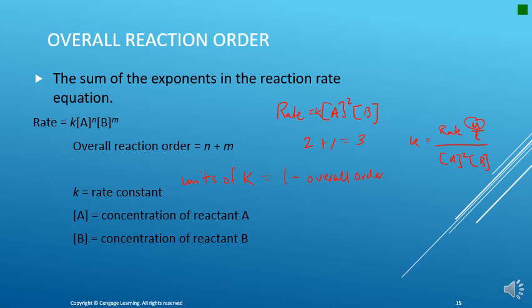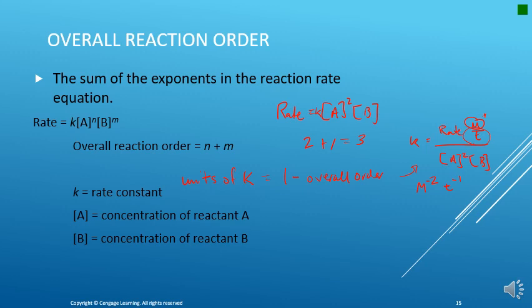So in this case, I have 1 for the molarity from the rate minus 2 plus 1 for a total of 3. So 1 minus 3, my unit for k for this particular example, I would have M to the minus 2, and then my unit of time, whatever that is, minutes, seconds, hours, to the minus 1. And again, it's minus 1 because it's in the denominator.